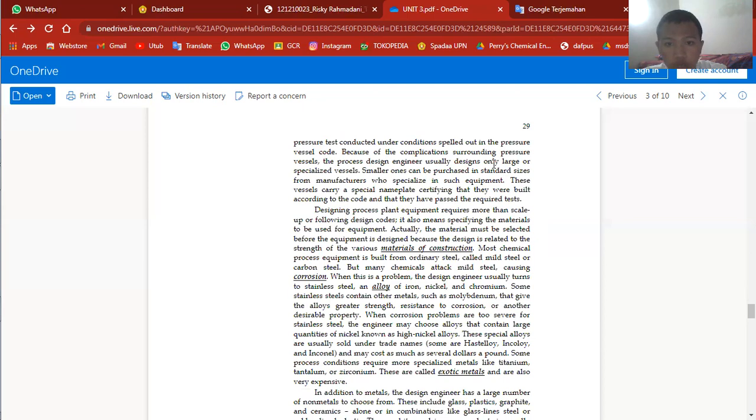Smaller ones can be purchased in standard sizes from manufacturers who specialize in such equipment. These vessels carry a special nameplate certifying that they were built according to the code and that they have passed the required tests.